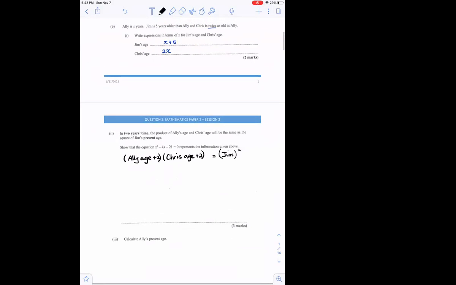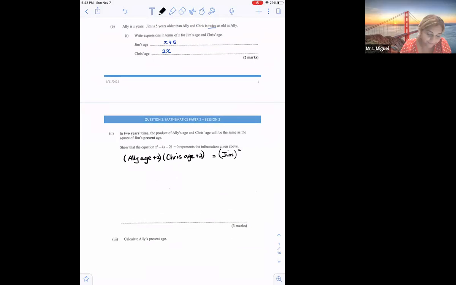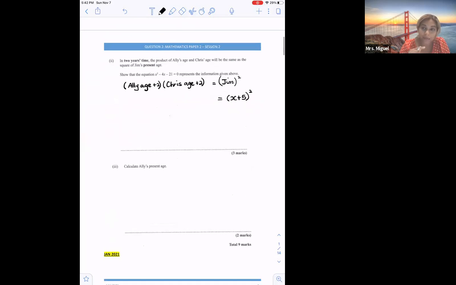Let me go back. Jim is x plus 5. So to square x plus 5, let's do that part first. X plus 5 squared is simply x plus 5 multiplied by x plus 5. So I take my first term and multiply it by my entire bracket, then I take my second term and multiply it by the whole bracket.